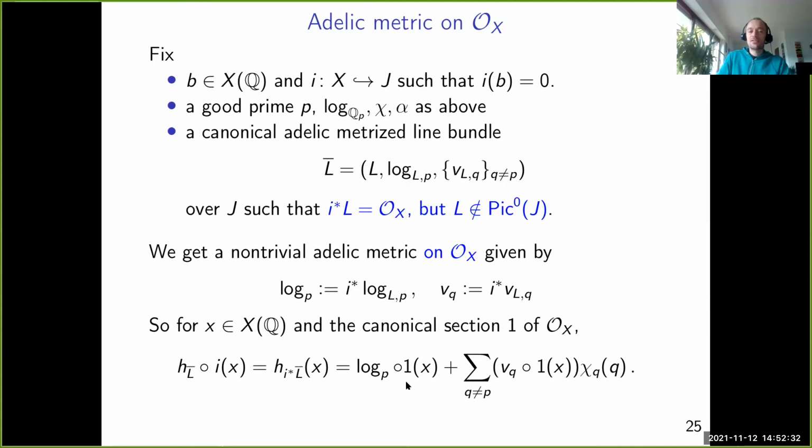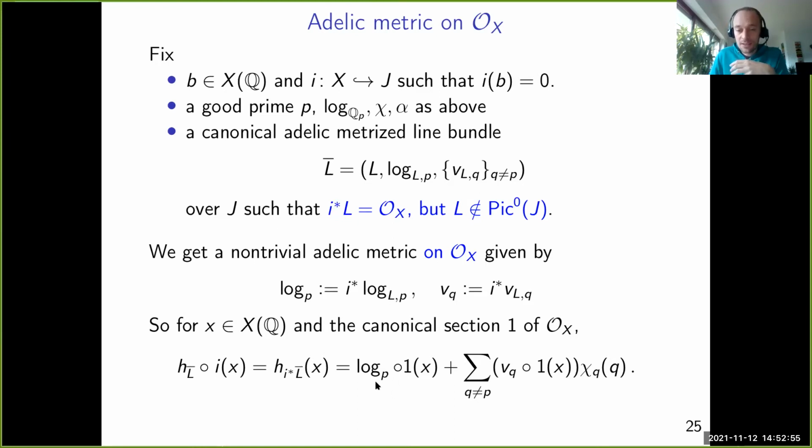Namely, on the right-hand side, you really just have functions on X. So log P composed with 1, and then the same for the valuations away from P. And so that's great. I want to use that to cut out the rational points, or to somehow identify the rational points among the p-adic points, because this is a relation satisfied by rational points.